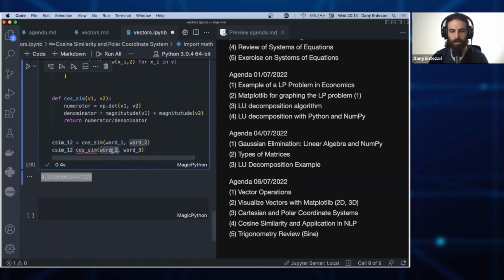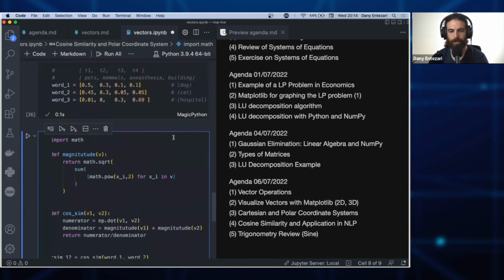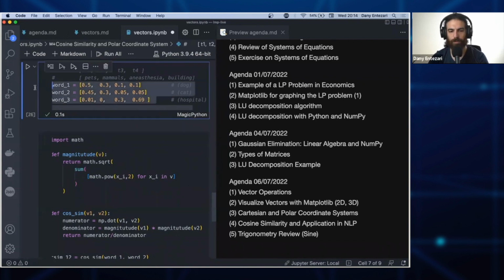Or let's make this 1 and 3. To convert to Cartesian. Now, we cannot plot these word vectors because we have to project this in a 2-dimensional space. These are 4-dimensional. So what we're going to do is create 2 vectors that go from 0 to 5. Basically, let me show you what I mean.